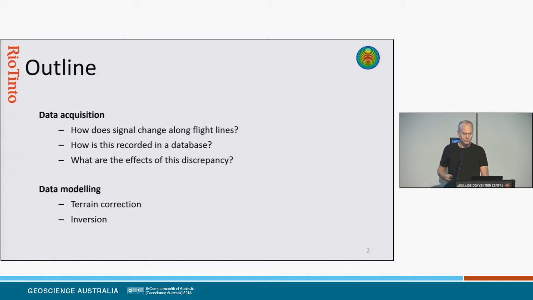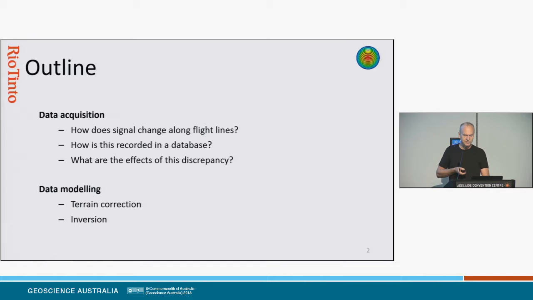What my particular interest in looking at the data was, well, what's been done to the data after it's come out of the instrument and been processed by the particular contractor and delivered to the company, in order to get the best amount of information out of that in terms of the geology and in terms of targeting. So the first thing we looked at, here's an outline of the talk, is data acquisition.